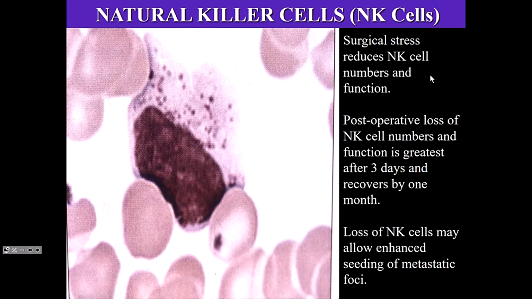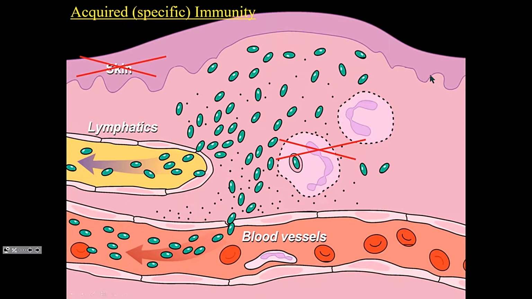So there you go: natural killer cells are reduced after surgical stress, and you want to reduce surgical stress, hopefully these days with a lot of robotic surgery. Okay, so that was the innate or non-specific immunity. Now, the third type of immunity, acquired or specific immunity, we're going to spend the rest of this hour upon.